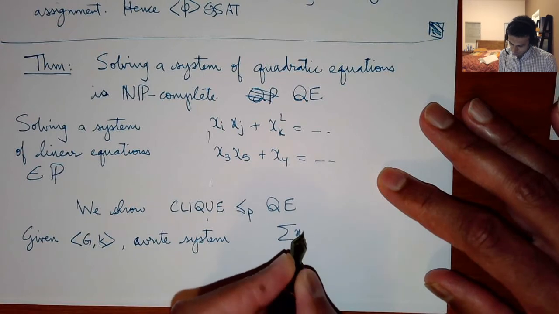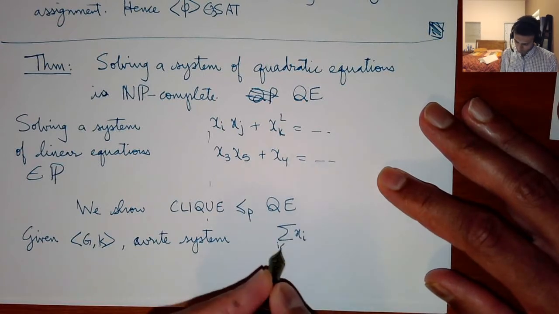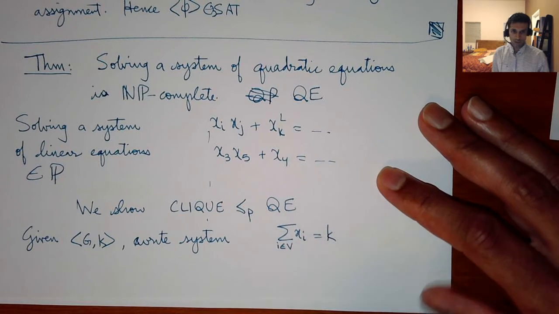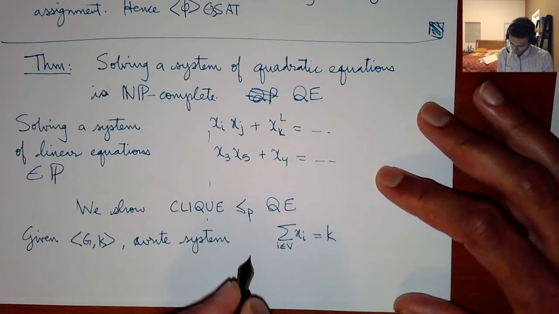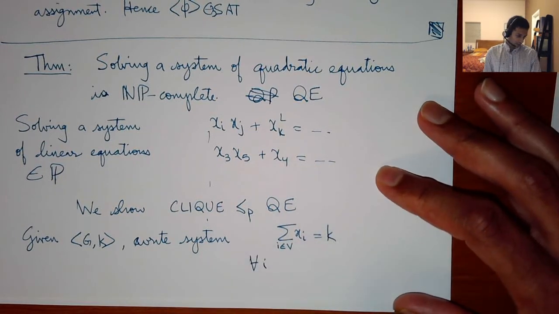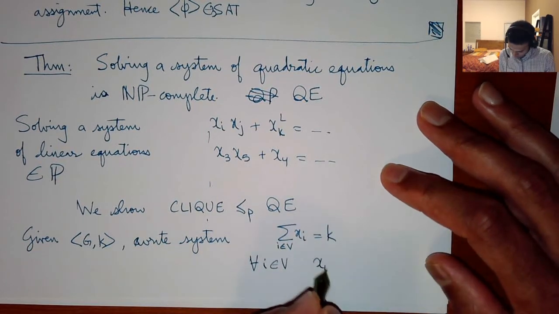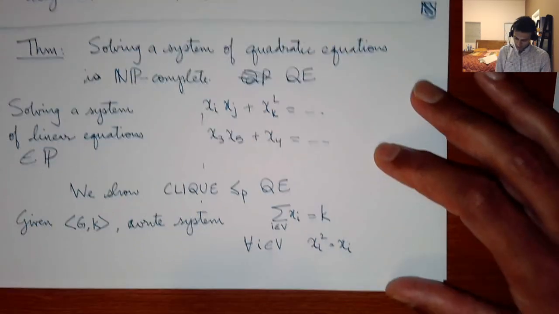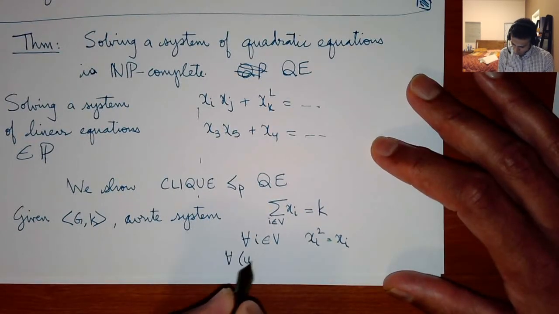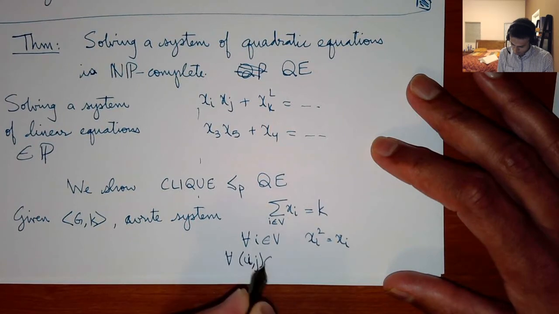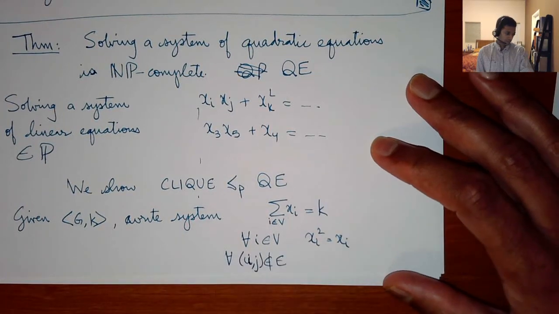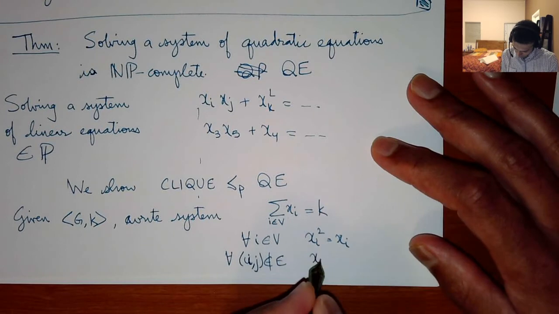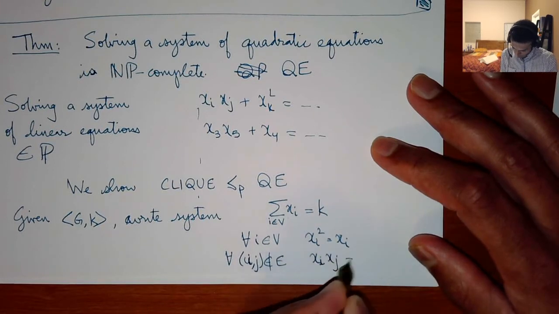The summation of xi over every vertex is going to be equal to K. For all i that are vertices, xi squared is equal to xi. For all ij that are not edges, I just say xi times xj is equal to 0.